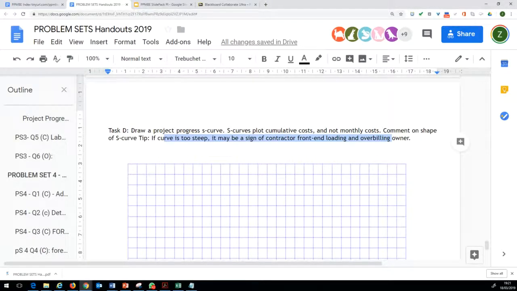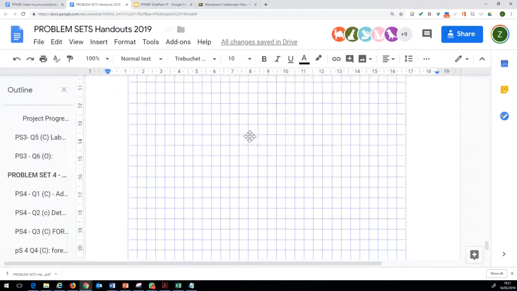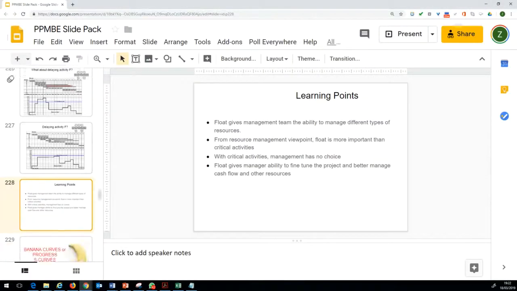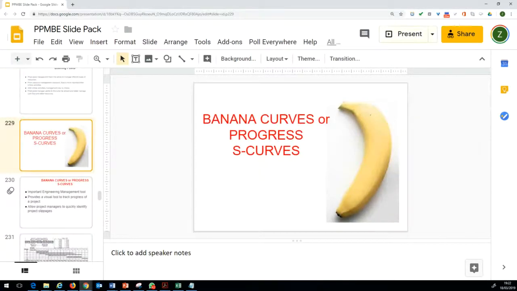Right, so the next thing you were prompted to do was to draw the S curves. So this may be a point for us to do a quick review of some theory.